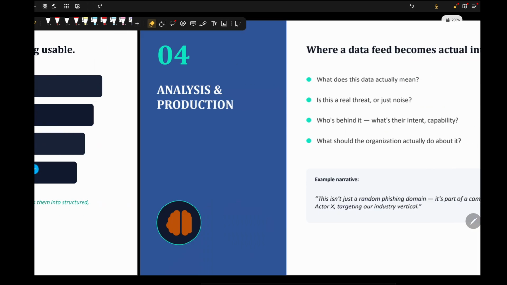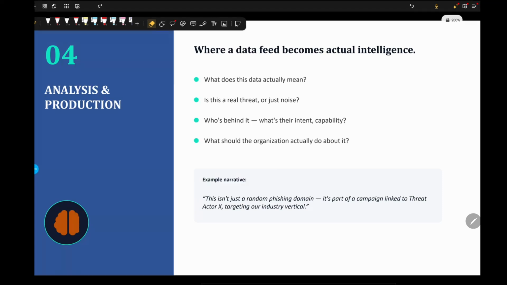Now let's move on to the fourth stage, which is analysis and production. Now for the actual thinking: this is the stage that separates data from intelligence. This is the exact stage where analysts start asking questions like, what does this data actually mean? Is it something relevant to the plan that we discussed in the initial phase?